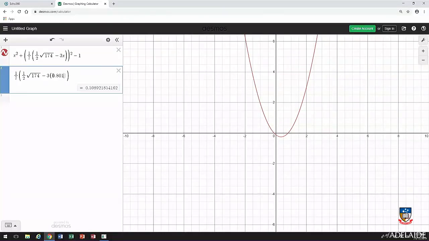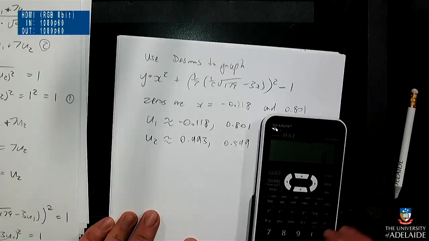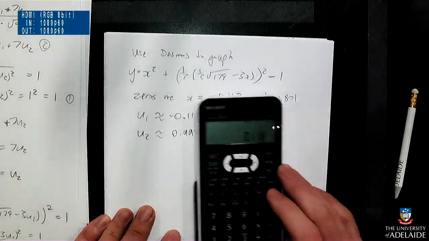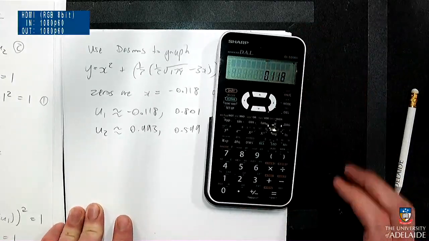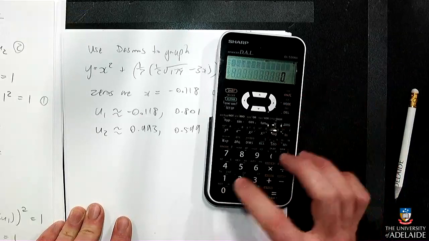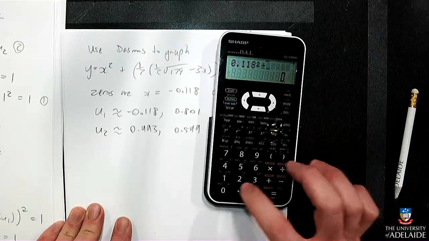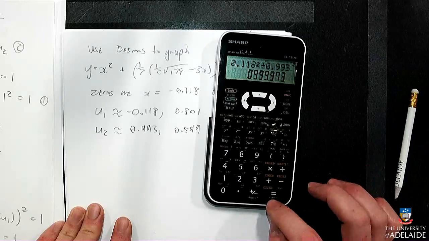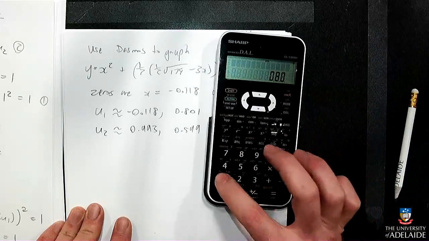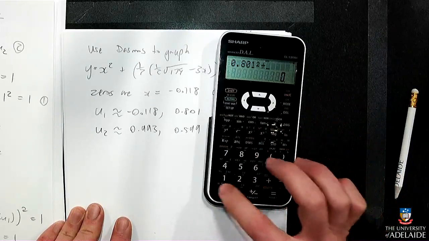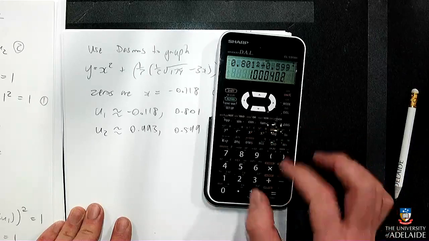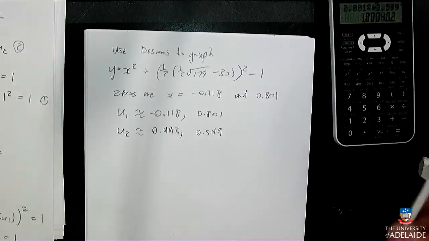So when I just check that this is working the way it should, 0.118 squared, 0.993 squared is about 1, 0.801 squared plus 0.599 squared is about 1. Oh, and so it's working. Wow. I'm very sorry that that turned to crap. I really should have found one that wasn't quite so crappy.